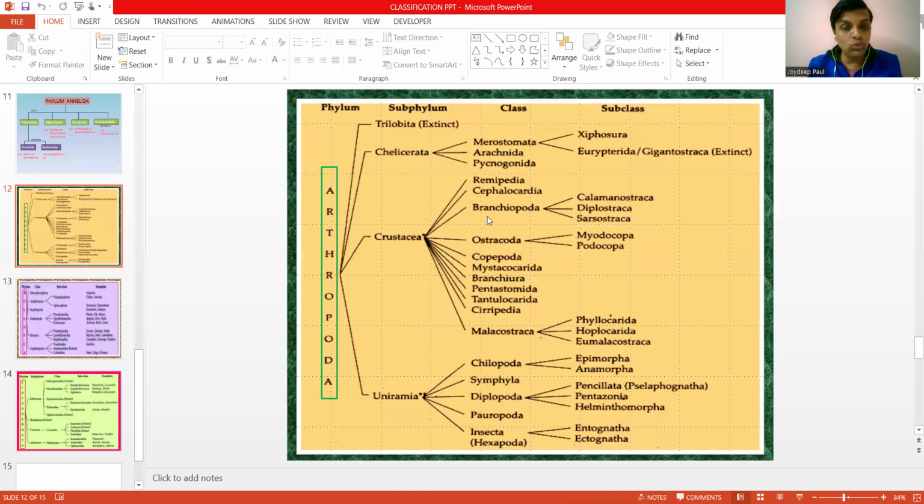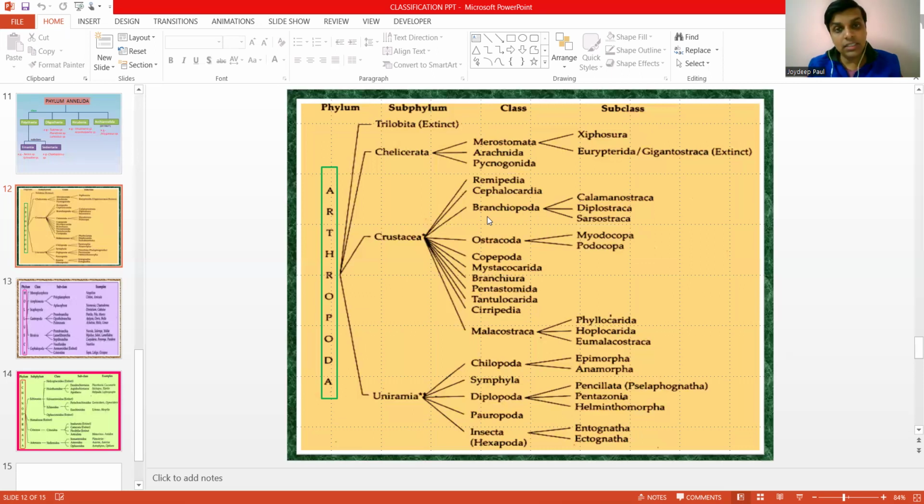Antennae and true jaws are absent. Opisthosoma is usually without appendages. Respiration takes place by book lung. Examples: scorpion or Palamnaeus sp., Araneus sp. spider, and Ixodes sp., that is mites and ticks.